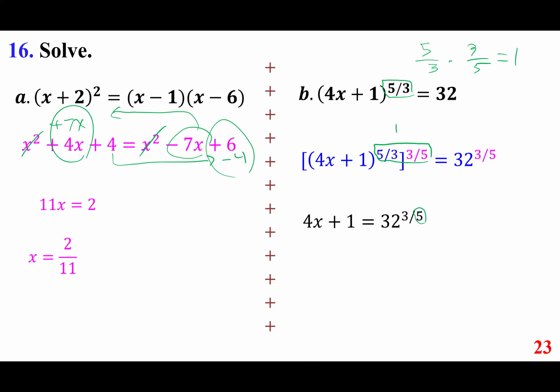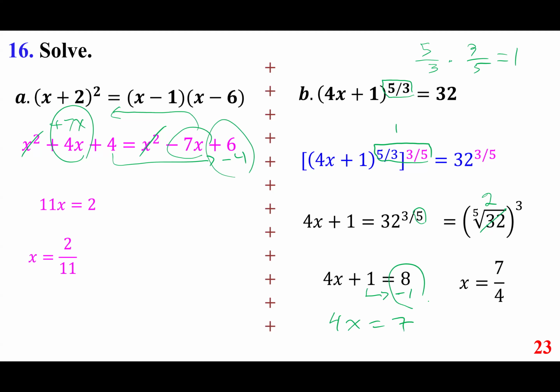Remember, this is the index, the 5th root of 32 cubed, and the 5th root of 32 is 2. 2 cubed is 8. We get 7. And x becomes 7/4.